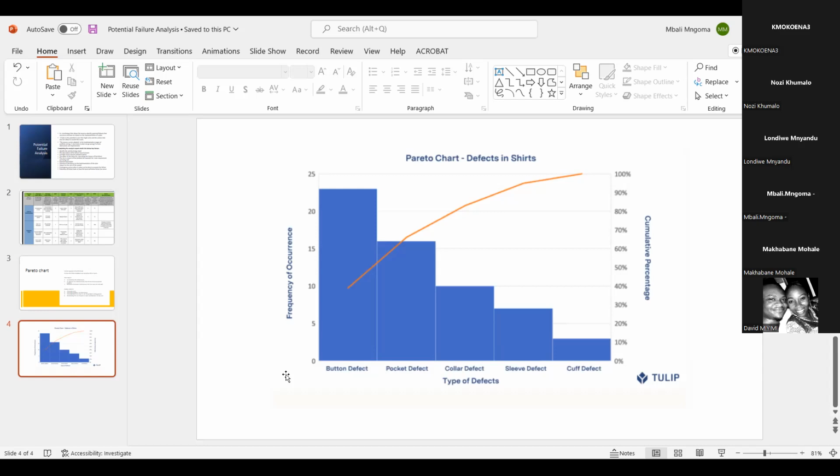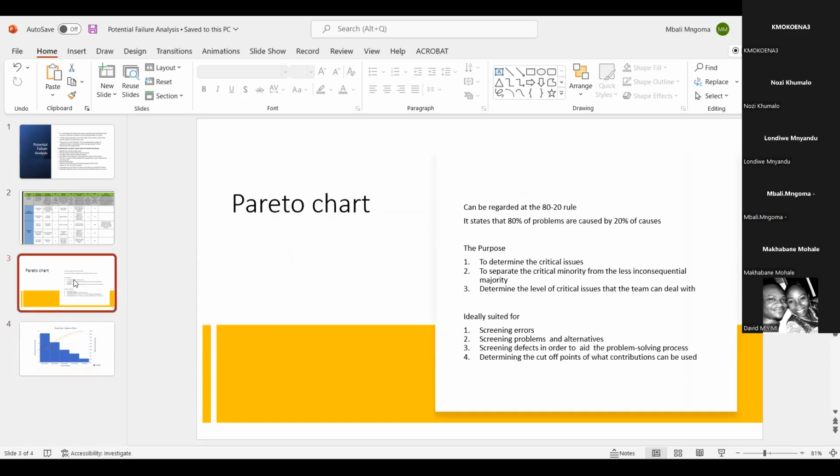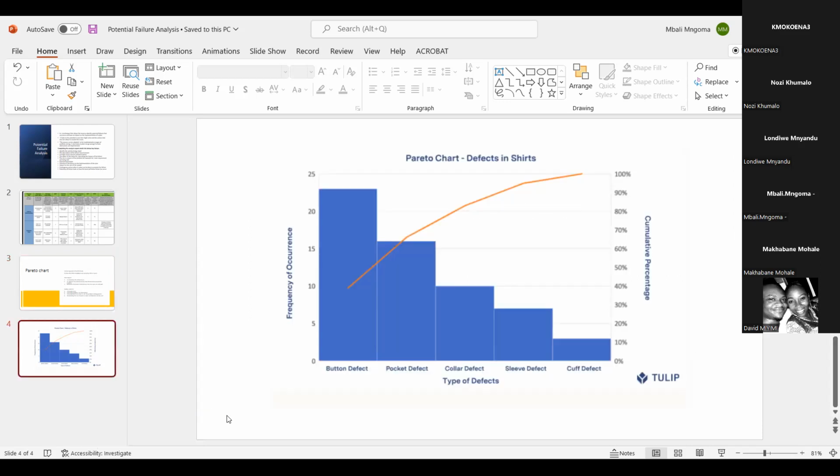Going back to Mbali's first slide, she says 20% of the causes are causing 80% of your problems. So that would be your button defect and all those 3. If you focus on that, you can rest assured that it will solve the rest of the minority.